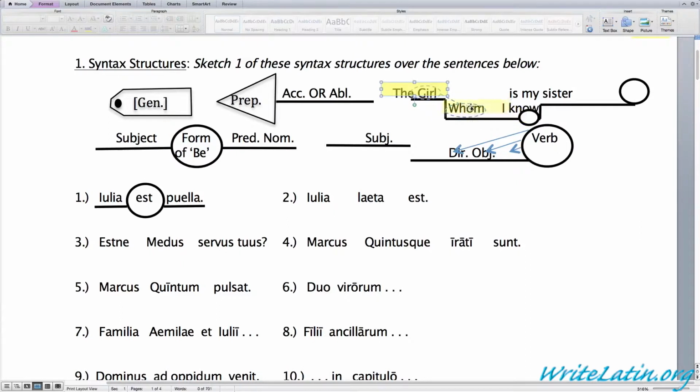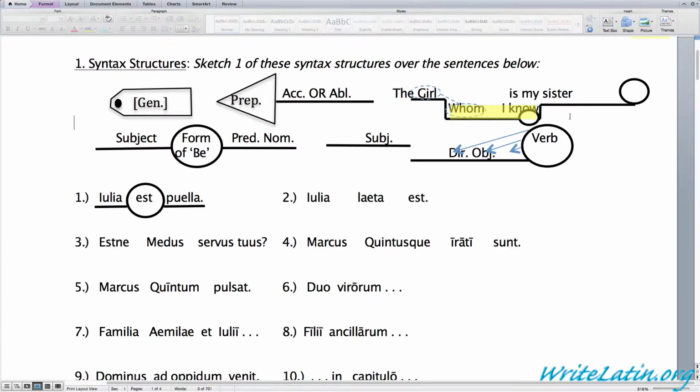But the other thing it does is it functions inside of its own little relative clause. By the way, in case you didn't know, a clause is like a mini sentence. It has a verb in it, and it could stand by itself if the rest of the sentence weren't there. So in this sentence, we have two clauses. We have the main clause, the girl is my sister, and then we have the relative clause, and I know her.